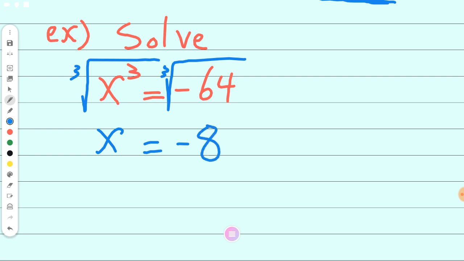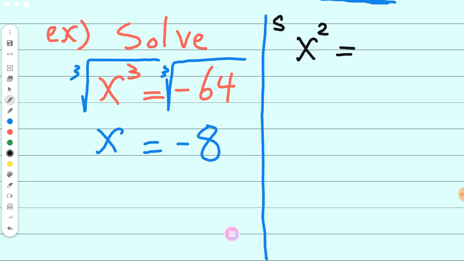On the other hand, what if I have an example like this: solve x to the power 2 equals negative 1. What is the value of x? Here I have a power of 2, so I take the square root of both sides.